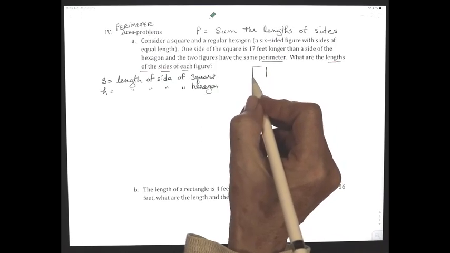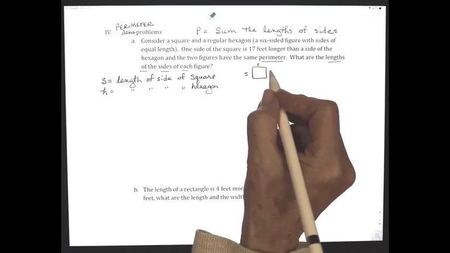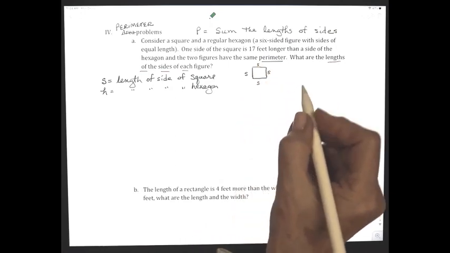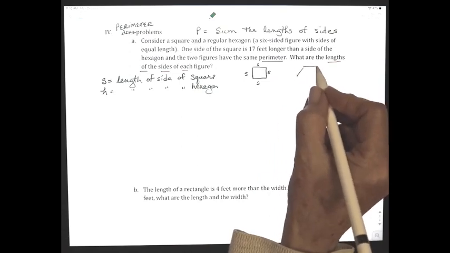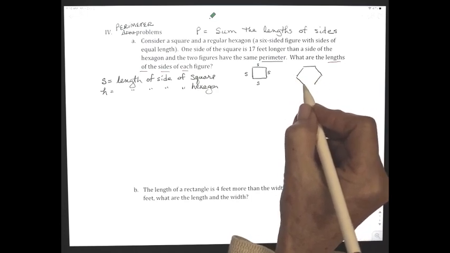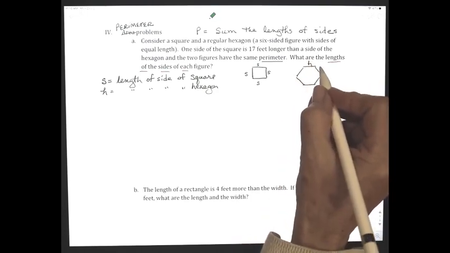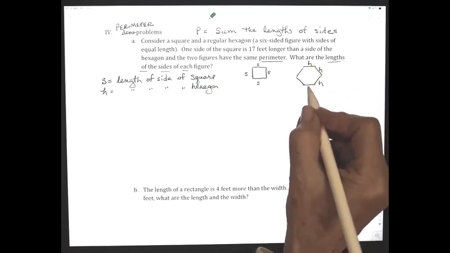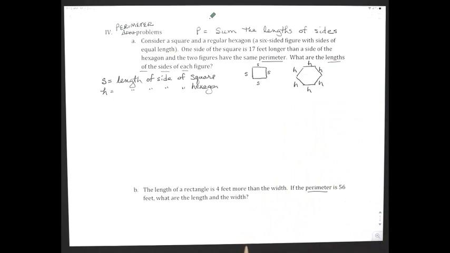Of course, you know squares have four right angles and all four sides are equal in length, and I'm going to call each of those S. And I'm going to try to sketch a regular hexagon. Six-sided, all sides the same length, and each of these lengths we're going to call H. Okay, so we've got our sketches made, we've got our variables identified.